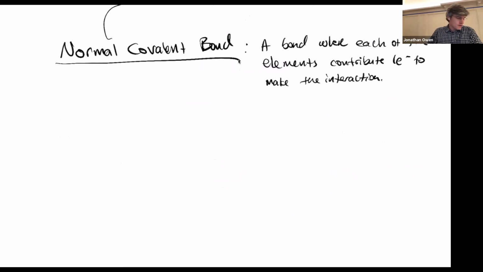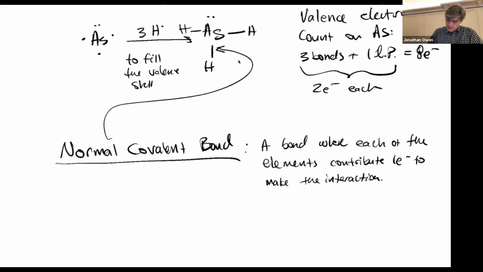But that's how you think about a normal covalent bond. Now arsine here, arsenic trihydride, is said to be trivalent in this drawing. It's trivalent because it uses 3 electrons to make bonds.